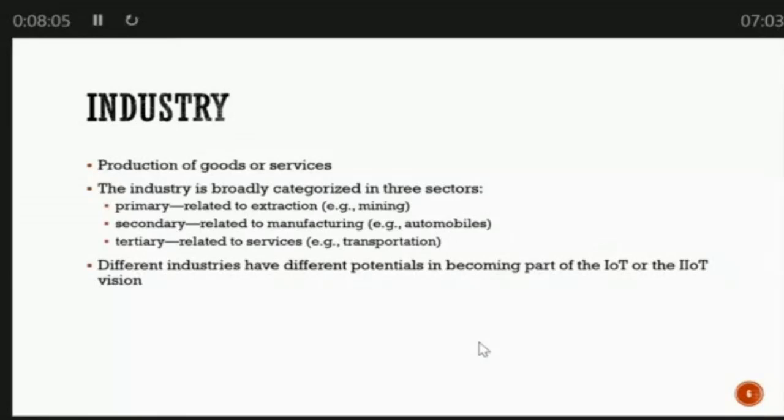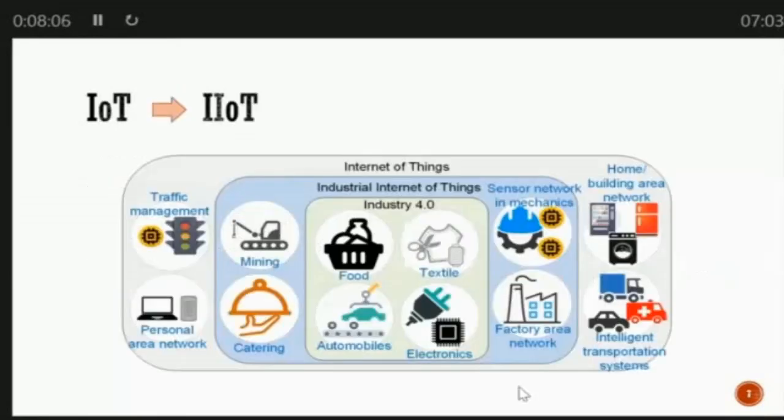So this is the concept of industrial IoT within IoT. As you can see in this illustration, we have an outer outline, a big rectangle that has Internet of Things. So Internet of Things is everything in it. Inside that rectangle, we have another smaller rectangle, blue color, which is industrial IoT. Inside that, we have another smaller, kind of a square, which is Industry 4.0.